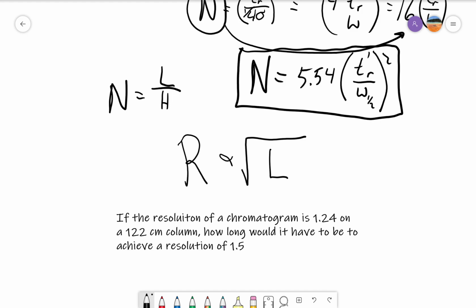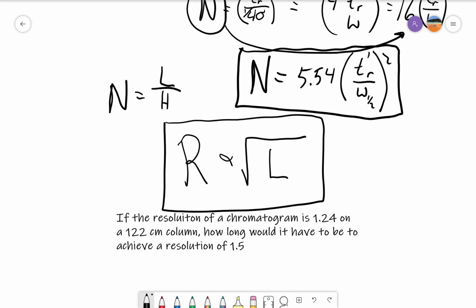This can give rise to the relationship that the resolution is directly proportional to the length of the column. The longer the column, the more the number of equilibria that you undergo. So the longer the column, the better the separation between the two compounds.